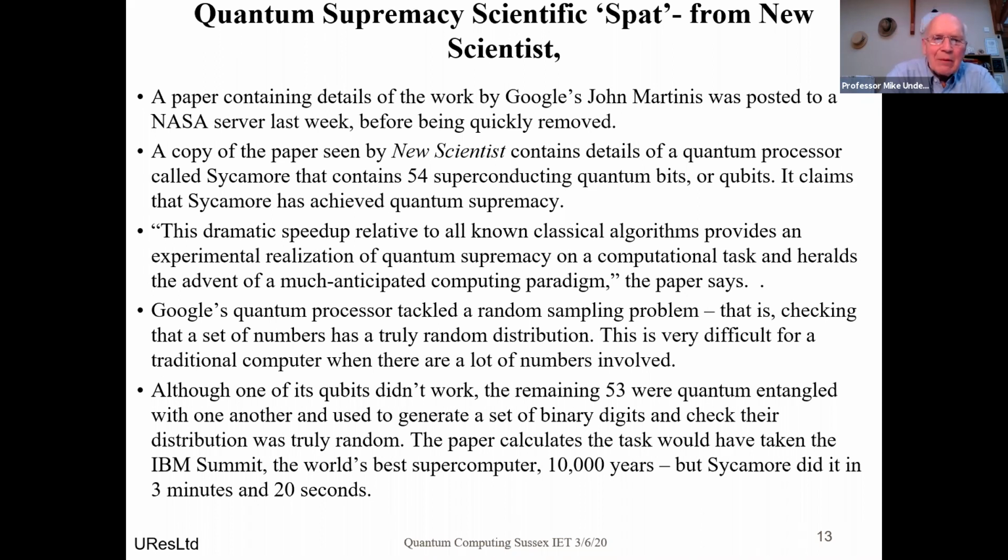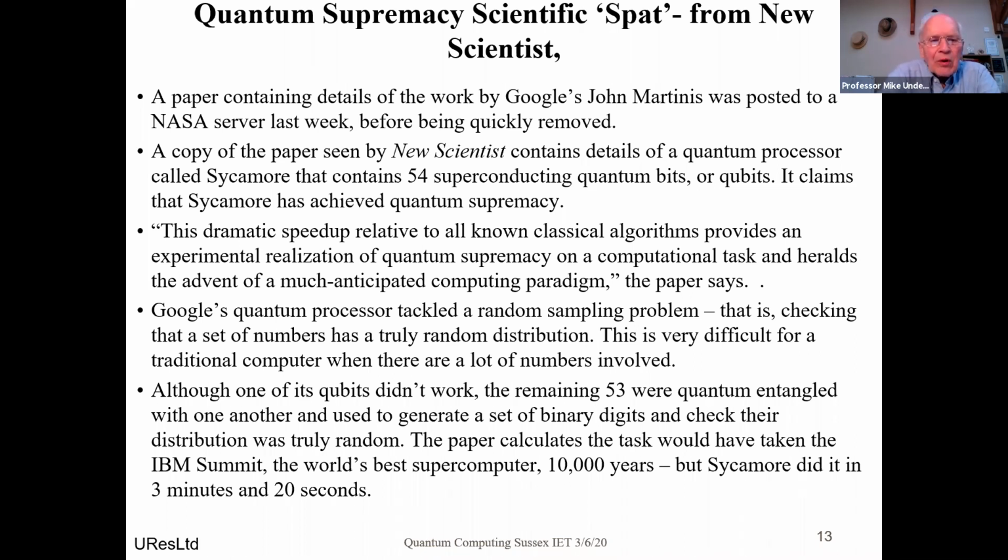It goes on with a bit more hype about the advent of a much anticipated computing paradigm, etc. It only tackled one particular problem, so the caveat which I mentioned earlier should be applied. That problem was checking if a set of numbers has a truly random distribution. Very difficult for a traditional computer if you have a lot of numbers.